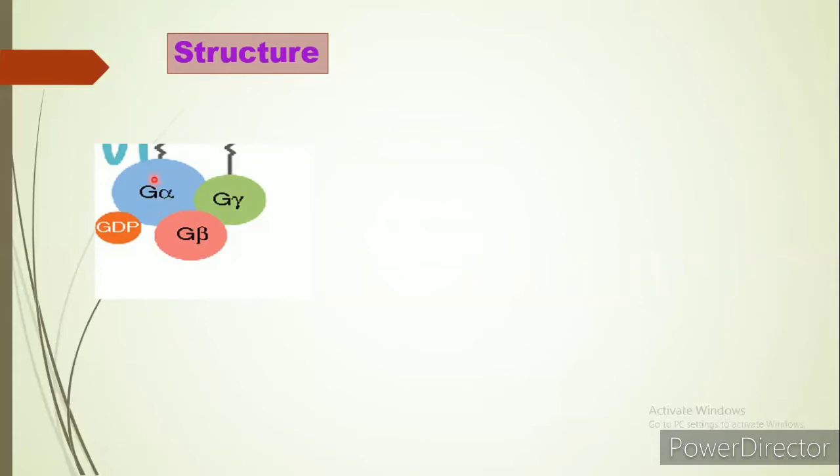The G alpha is a separate subunit with its own function. The G protein lives on the intracellular side of the membrane and is attached to the membrane on the intracellular side of the cell.